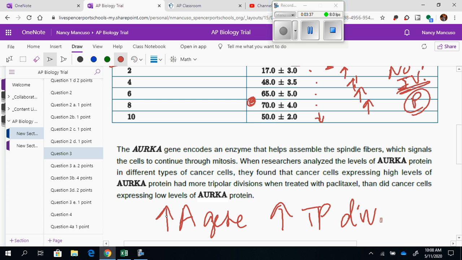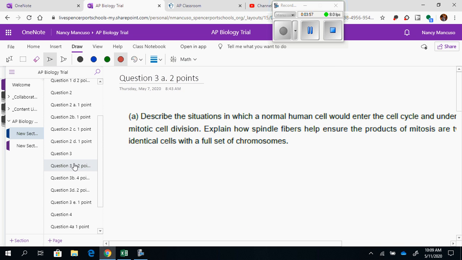They found that cancer cells expressing high levels of AURKA protein had more tripolar divisions when treated with Paclitaxel than did those expressing low levels. Okay, so if you have this gene and you're given the P, then you will have more tripolar divisions, is what that's telling me. All right, I go to the next one.